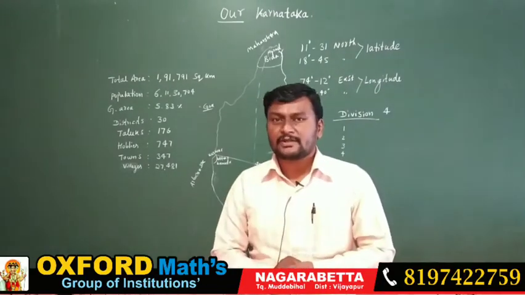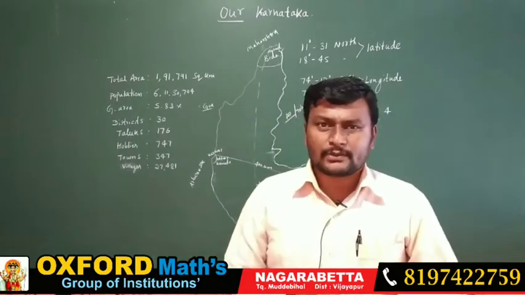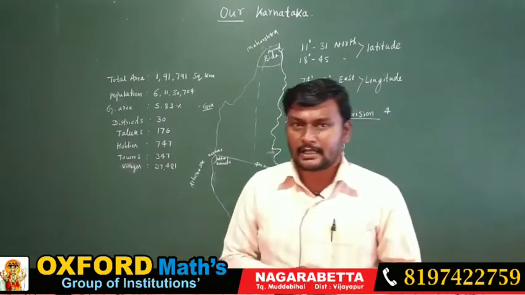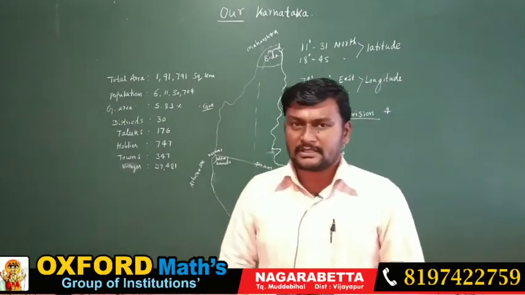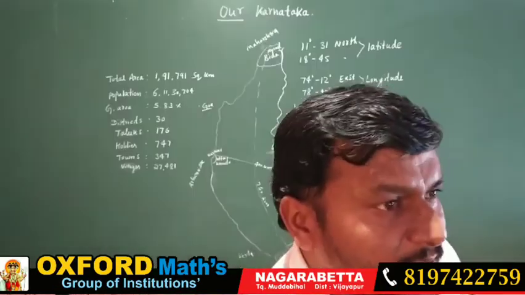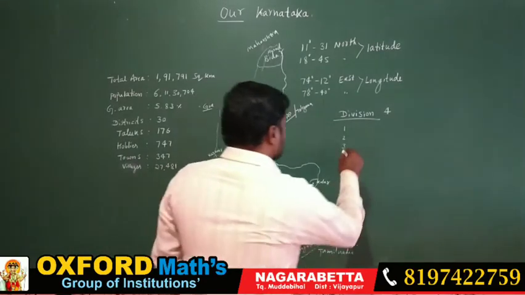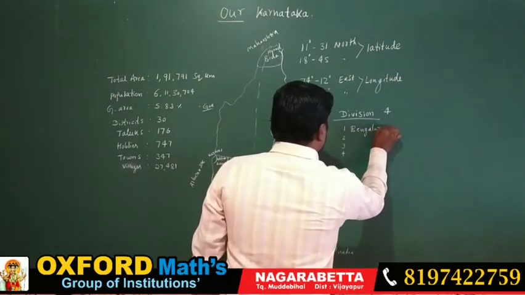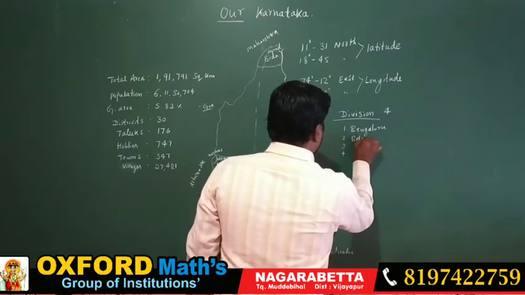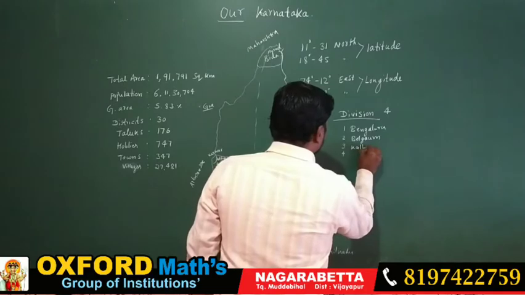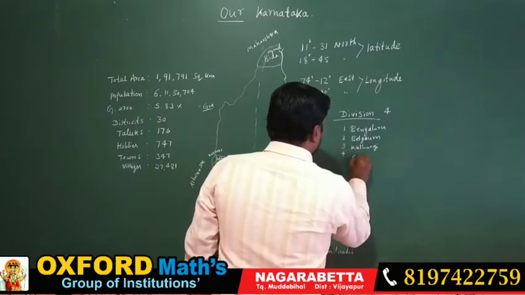And for administration purposes, to provide service to the public, we divided Karnataka into 4 divisions. Which are the 4 important divisions of Karnataka? One is Bangalore, the first one, and one more is the Belagavi division, and Kalaburgi and Mysore.